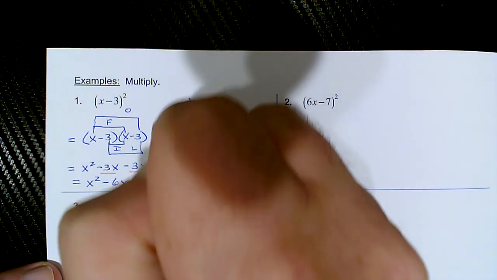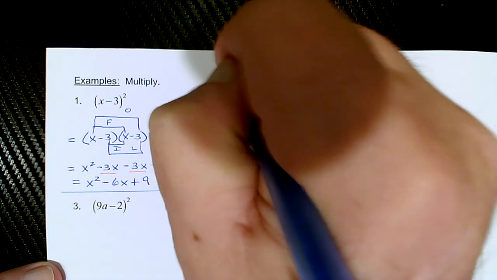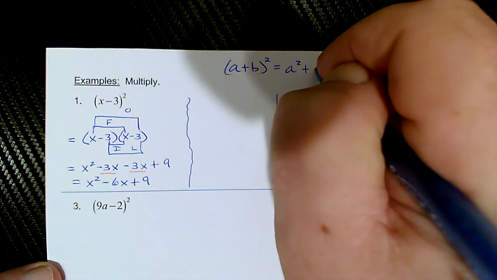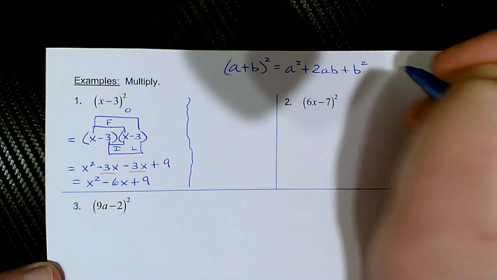Now, by the shortcut formula, remember I'll reiterate it here, a plus b quantity squared is a squared plus 2ab plus b squared.